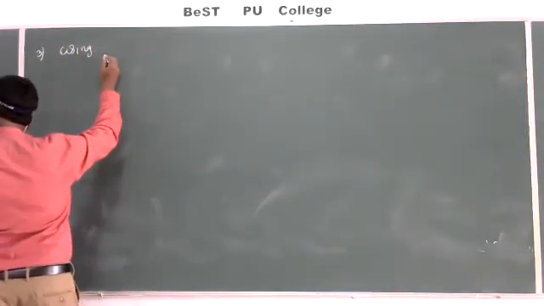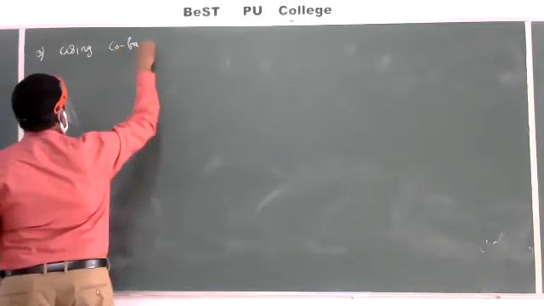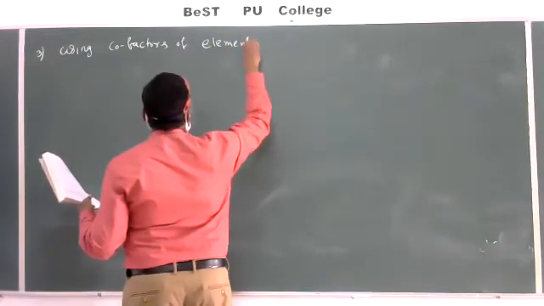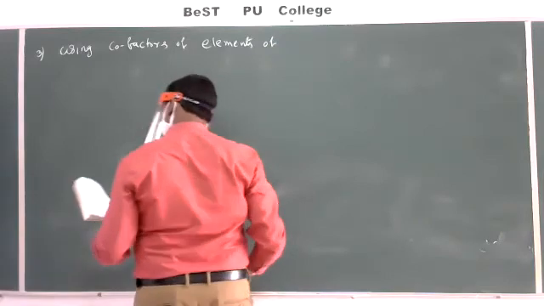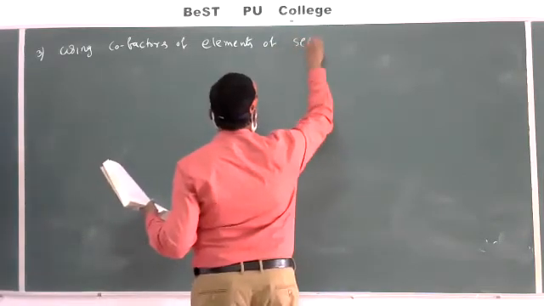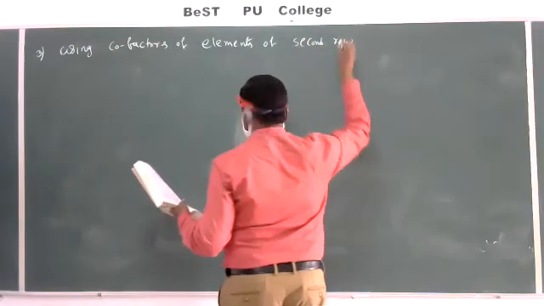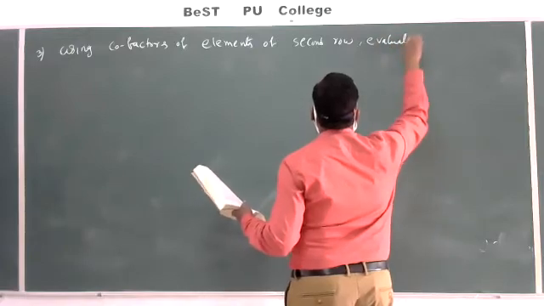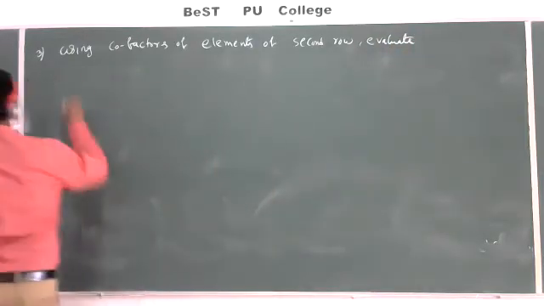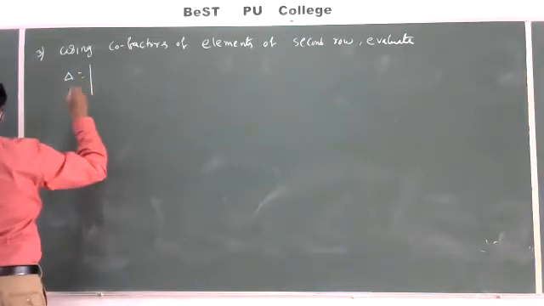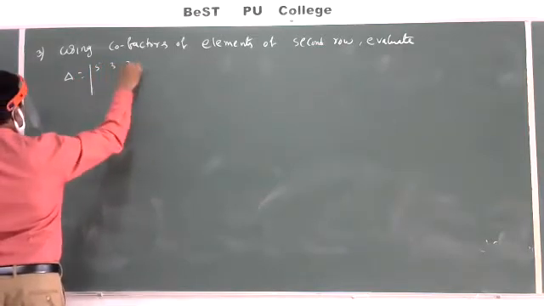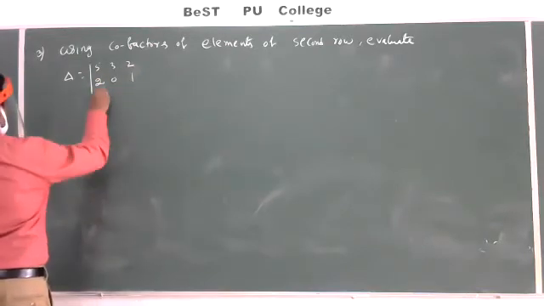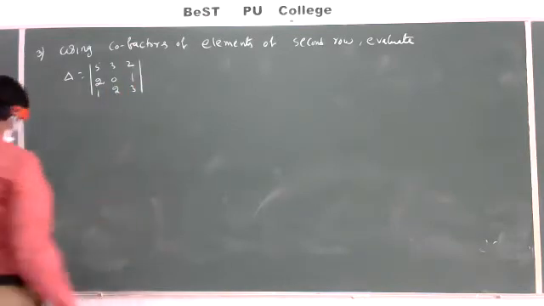Using cofactors of elements of second row, evaluate the determinant of 5 3 2, 2 0 1, 1 2 3.